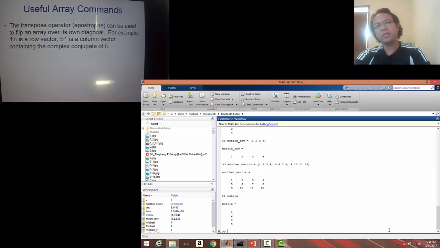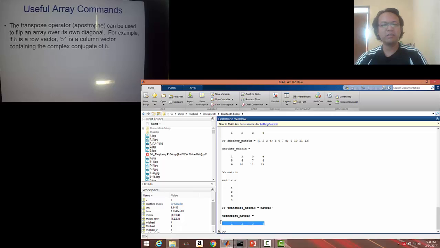If this is the matrix, which is a column vector, if you say transpose matrix is equal to matrix, and then you put there an apostrophe, you convert this into a row vector. Okay, so that operation is actually the transpose matrix.